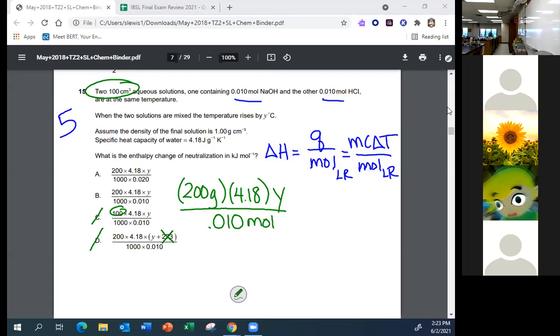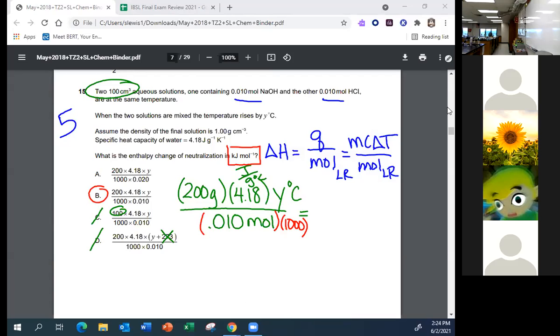Okay, so our units here, when we get through with this, remember 4.18 joules per gram degrees Celsius. Anyway, you're going to end up with joules as an answer here. Now, joules per mole. But they want us to give the answer in kilojoules per mole. So we have to divide this by 1,000 to get to kilojoules. So then our best answer here is B for that.